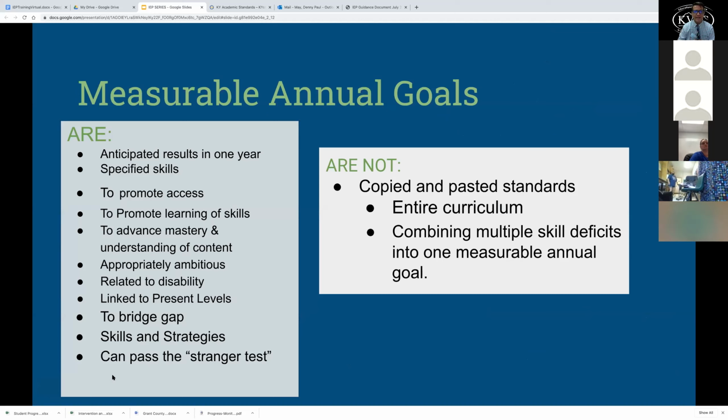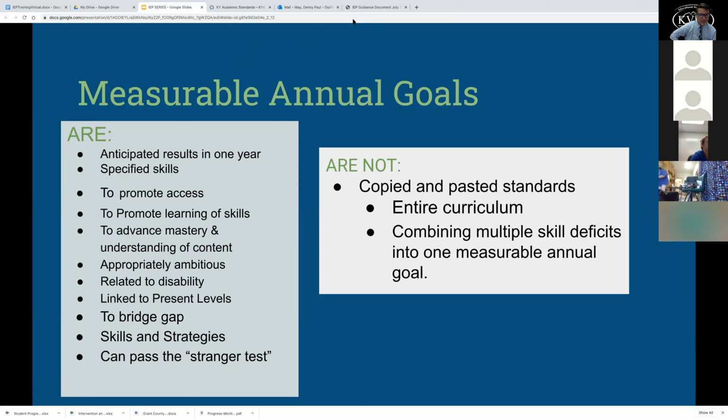Measurable annual goals are anticipated results in 1 year. They are specified skills. They are to promote access, to promote learning of skills, to advance mastery, to write appropriately ambitious goals.